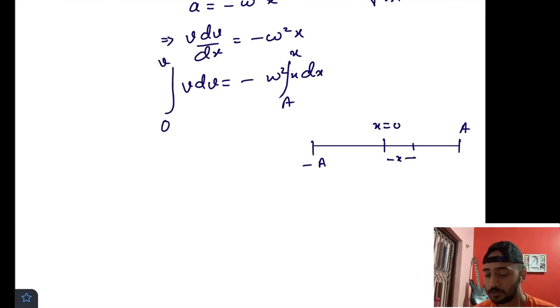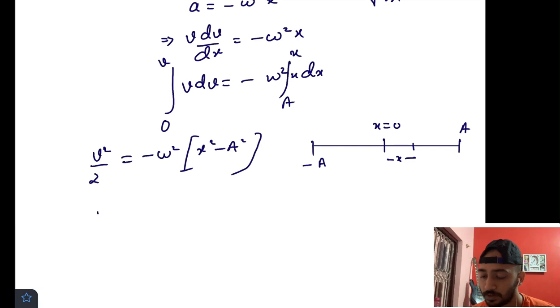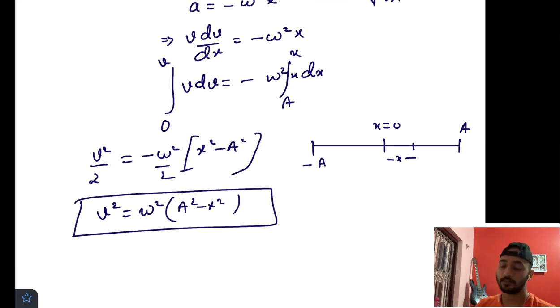Okay, so finally v square by 2 equals minus omega square by 2 times x square minus a square. So finally we are getting v square equals omega square times a square minus x square. So this is how the speed of the particle varies with the displacement. Fine.